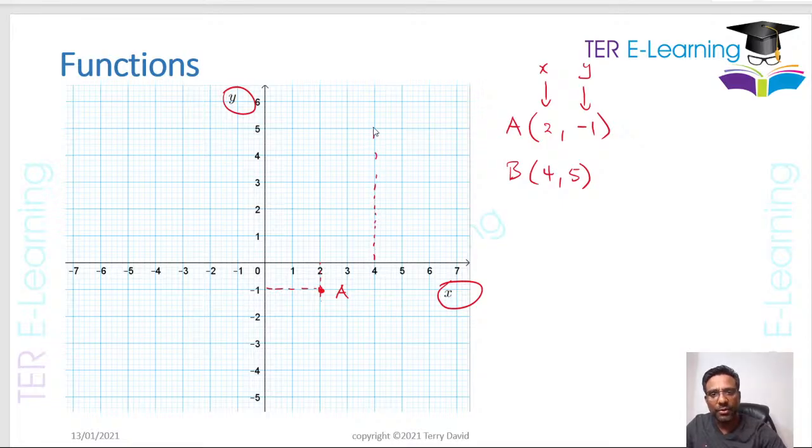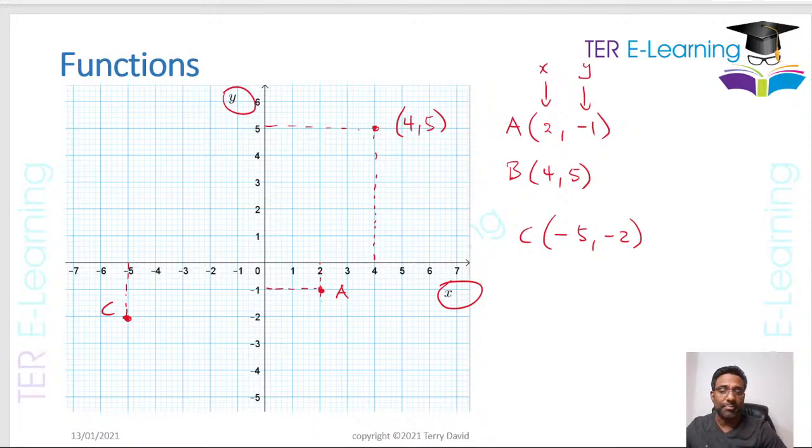So this point here is 4, 5. Similarly, if I had C being, let's say, -5, -2, you go down to -5 and then down to -2. So this point here is my C. So guys, you need to be able to plot points on a graph.